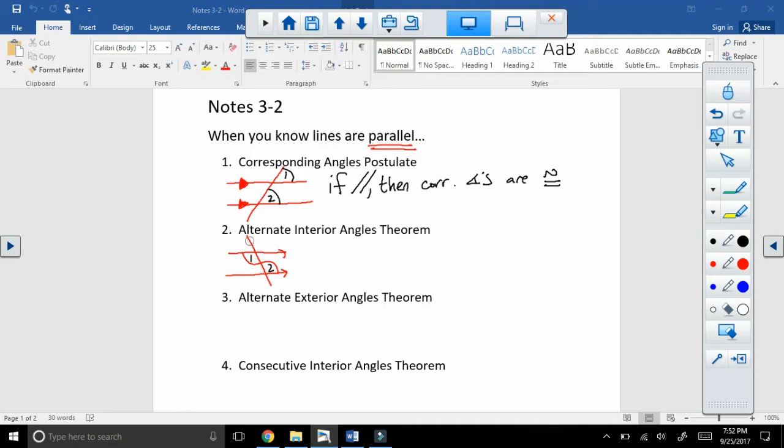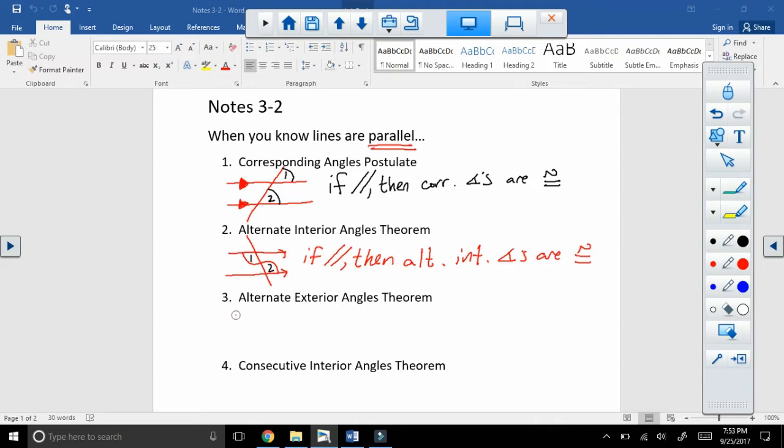You can abbreviate the alternate interior angles theorem kind of the same way you did the last one. If lines are parallel, then, and I'll abbreviate, alternate interior angles are congruent. And if you need to write that all out, that's fine. You'll see me start to abbreviate things more and more.